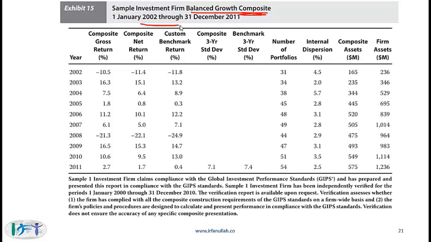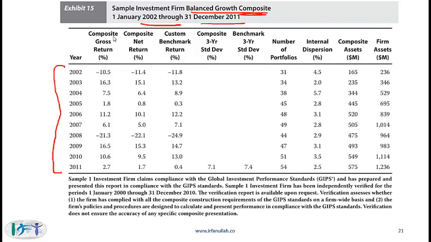The data presented is for 10 years. And if you recall, when a firm starts presenting performance numbers based on GIPS, it needs to present numbers for at least 5 years, and then the performance numbers over time have to reach 10 years, and at least 10 years worth of data needs to be presented. So we have 10 years worth of data.